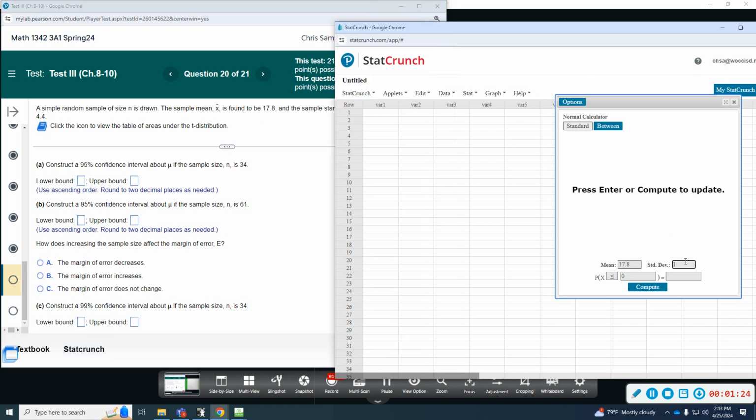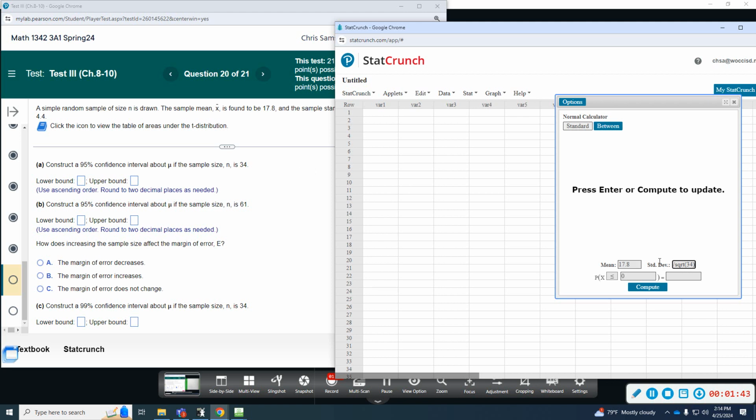So we're going to do 4.4 divided by the square root of 34. This will give me my mean and standard deviation.